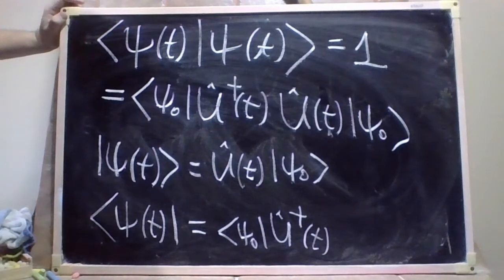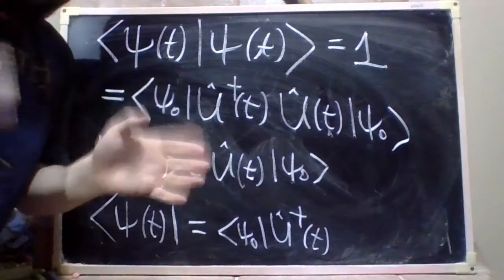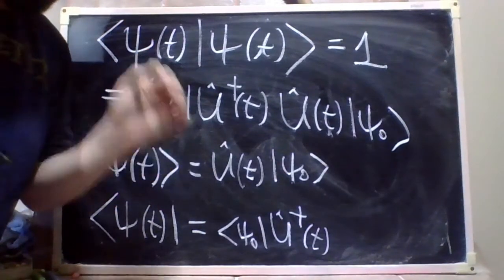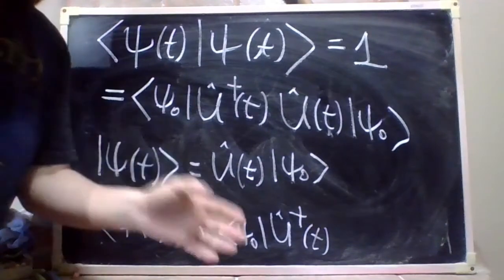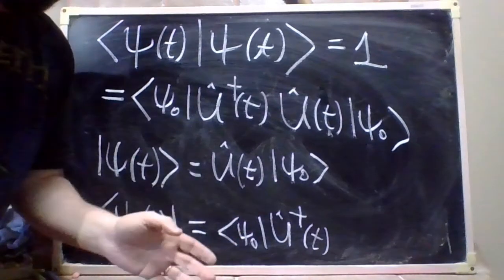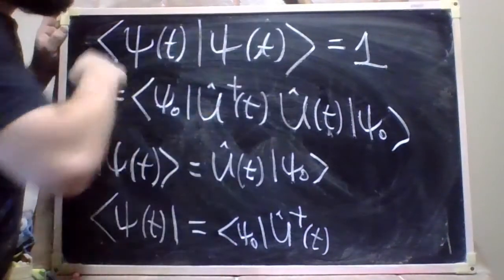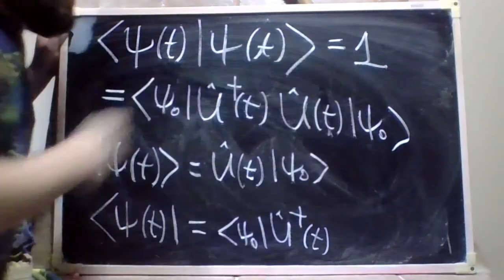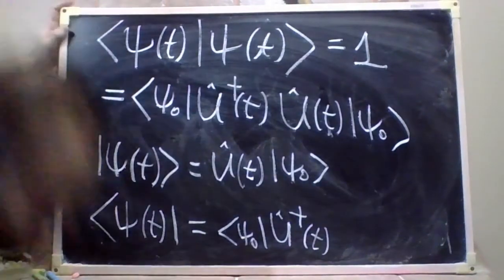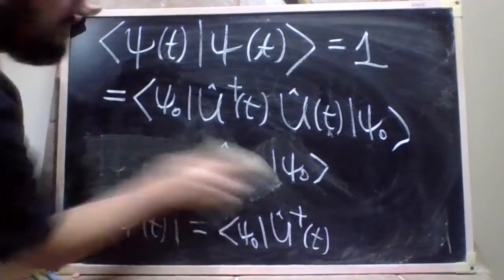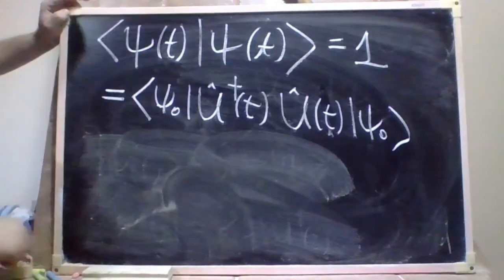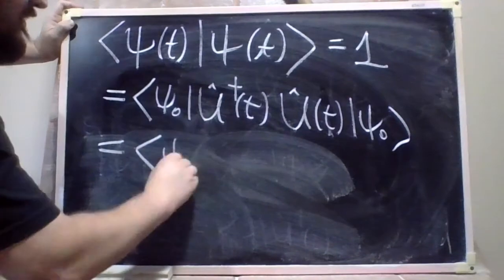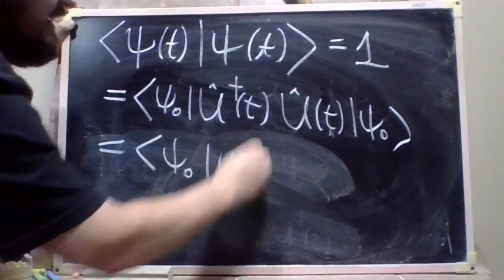So when vectors in a Hilbert space don't change the size, don't change the modulus, this value here at a given instant of time must be equal to 1. So it is equal to the initial vector, the initial state.